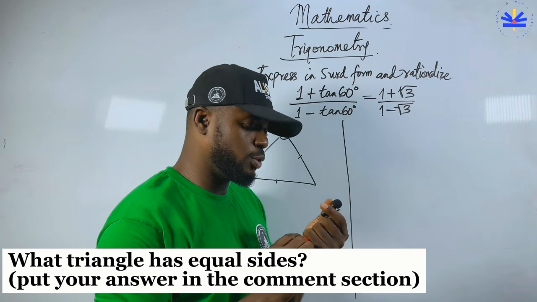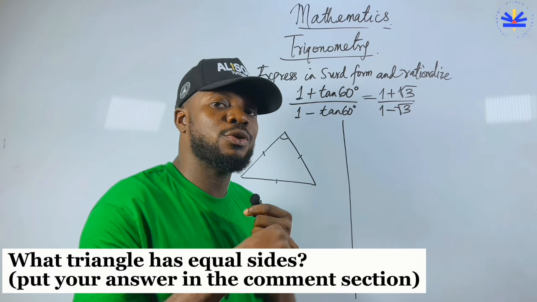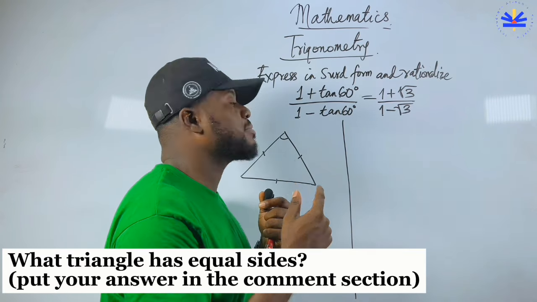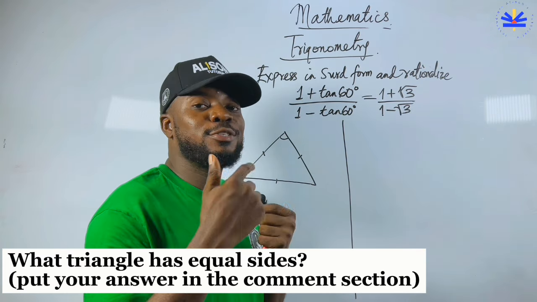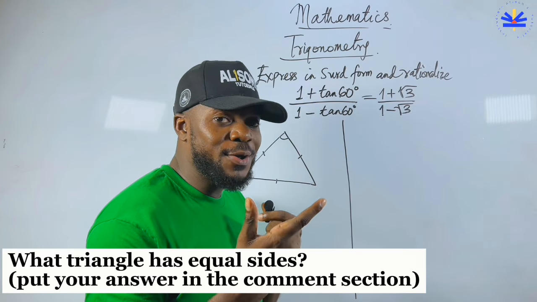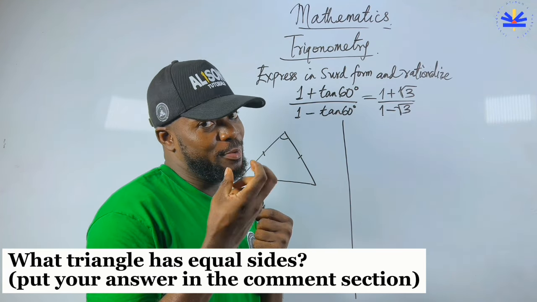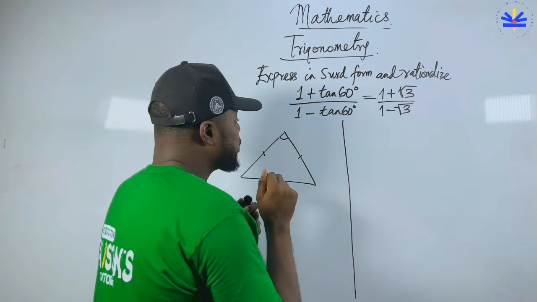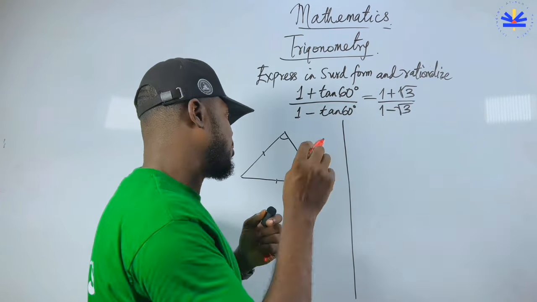So put it in the comment section: a triangle where all the sides are equal. Is it an isosceles triangle, an equilateral triangle, a scalene triangle, a right angle triangle, an obtuse angle, or a reflex angle? Put it in the comment section. Somebody will correct you, share. Any triangle where all the sides are equal, they call it an equilateral triangle.